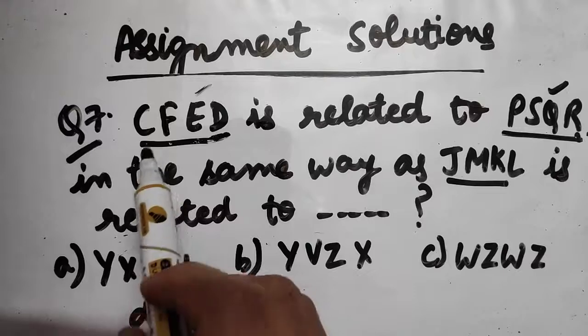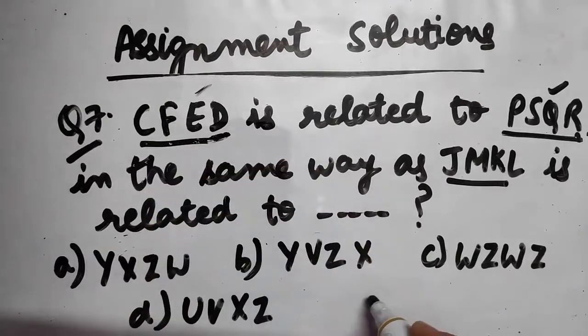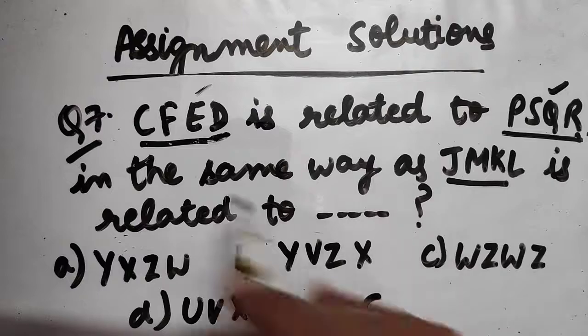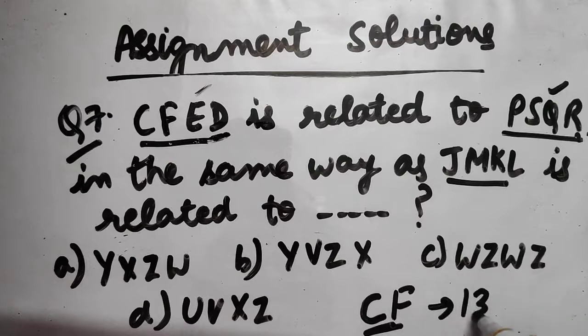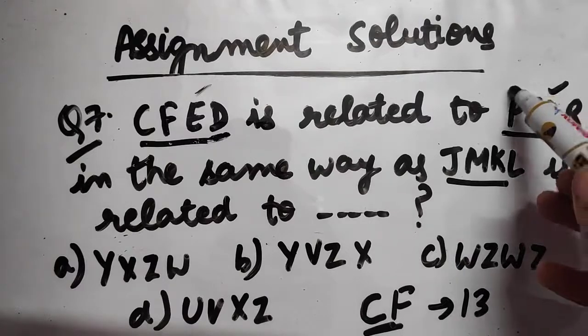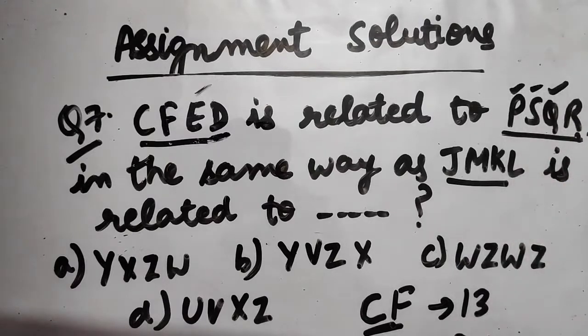I am repeating the relationship. The first letter, that is C, and the second letter, that is F, are the first and second letters of the first group. They are each moved 13 steps forward to obtain the corresponding letters of the second group.